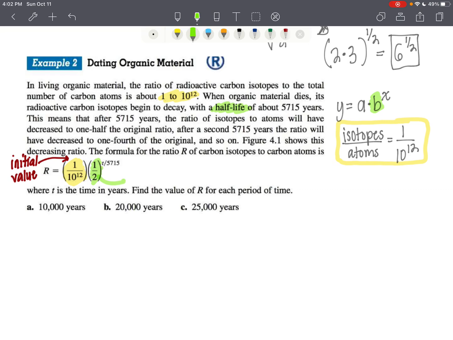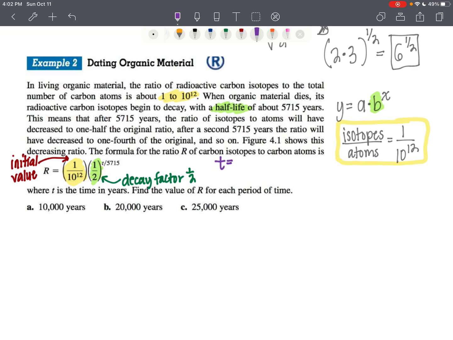And this is our, let's make this a different color. This right here is our decay factor, which is 1/2. And then we have T.